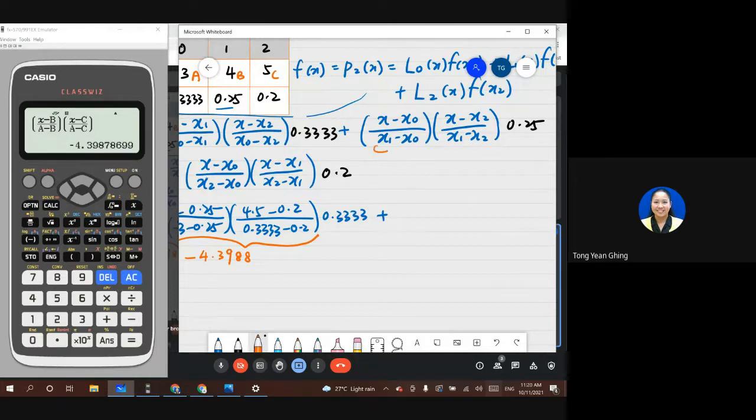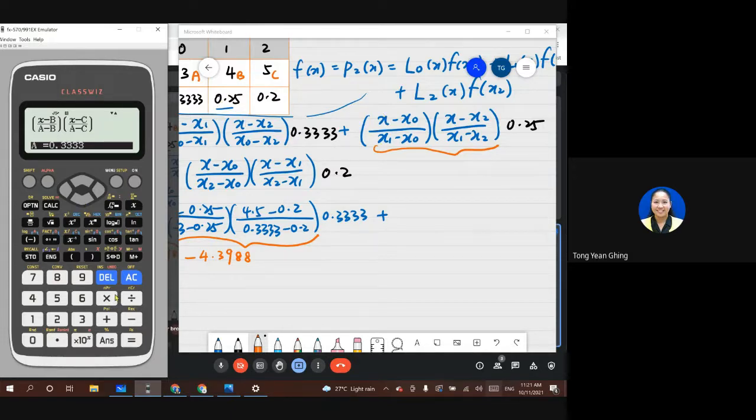Okay. This value, calculate. X is 4.5. Now b is here. B is x0, 0.3333. And then a here is like x1.